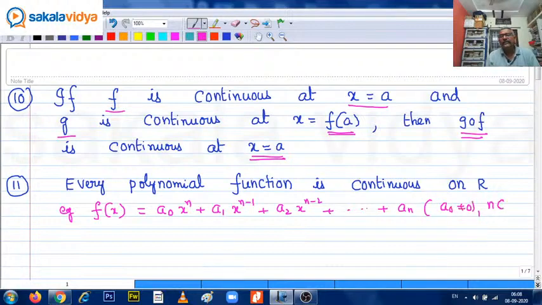Now n is not an integer, n is a whole number.